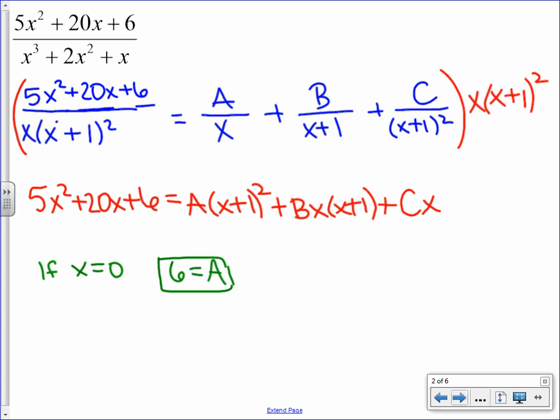Okay, so now let's pick another nice number. If we plug in x as -1, what do we get over here? We get 5 times 1 minus 20 plus 6.